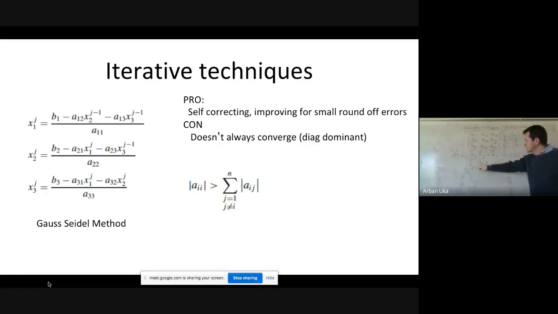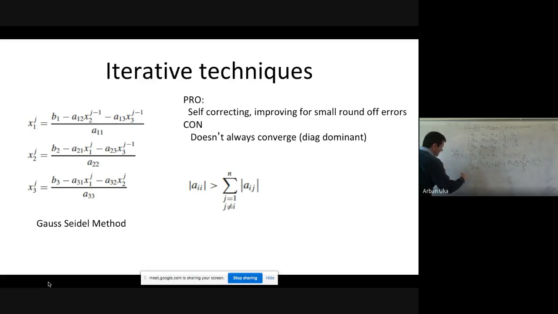Out of all of these terms that we have here, we just took out the one that we want to identify.